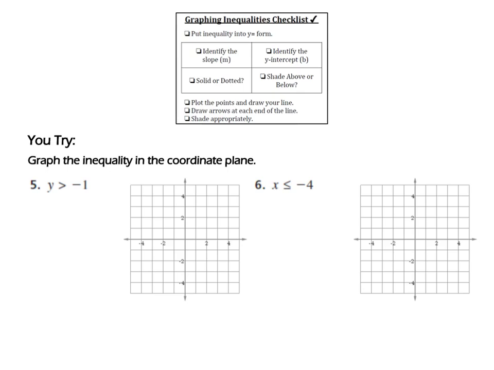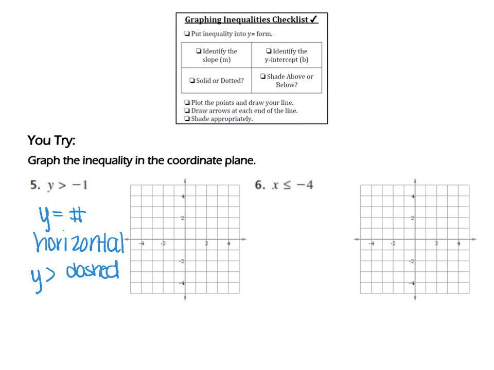If we start looking through those, y is greater than -1, right? I could make myself a note that I remembered y equals a number is a horizontal line. So I need a horizontal line at -1. Y is greater means that it's a dashed line, because there's no or equal to underneath.